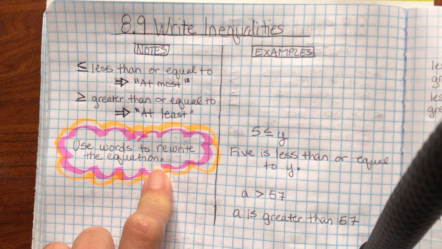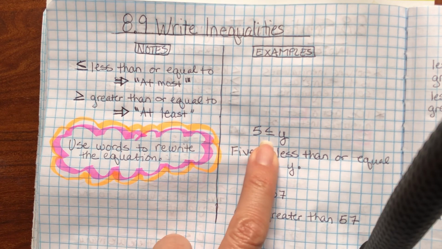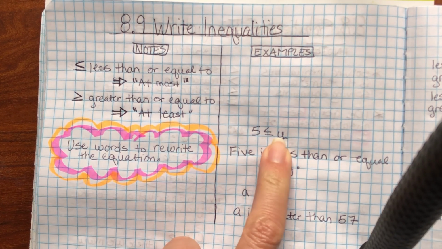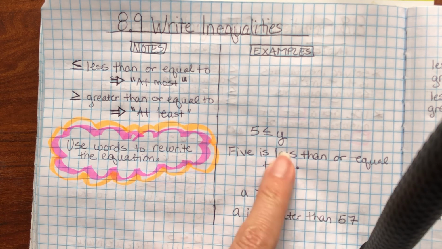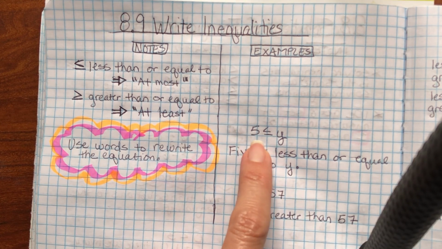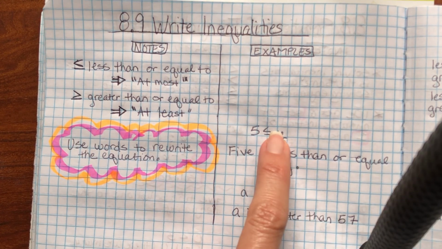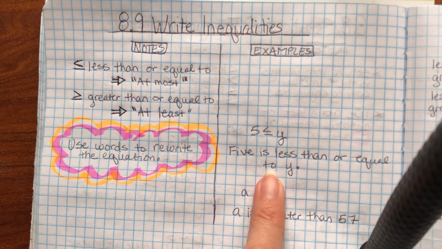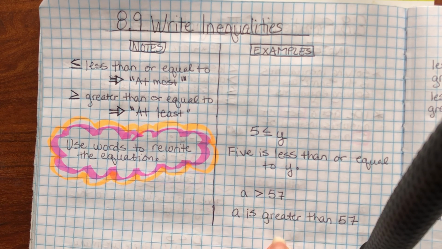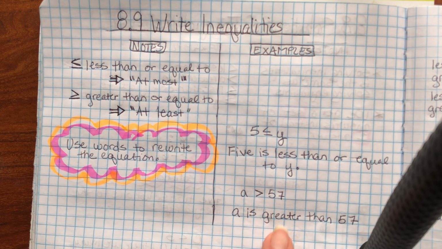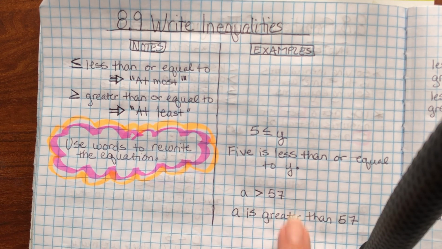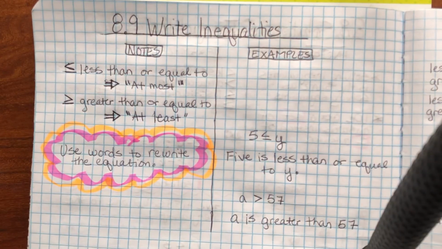We use words to rewrite the equation, or they give us the words and we write the equation. Either way. So here's an example. 5 is less than or equal to y, written as an equation, and then written again as a word problem. A is greater than 57, again, written both ways. Okay.